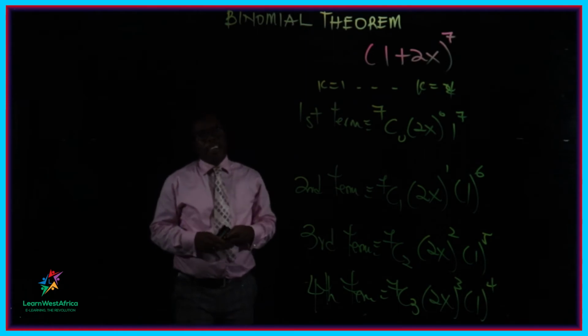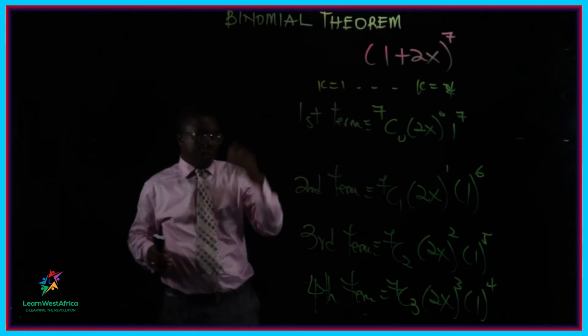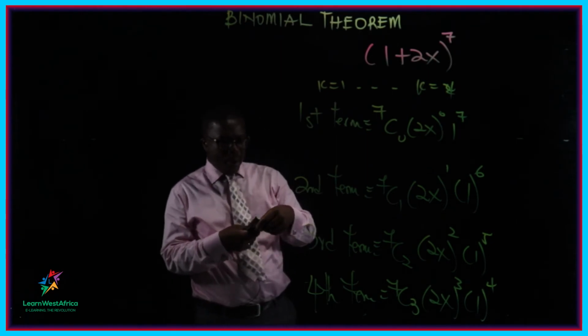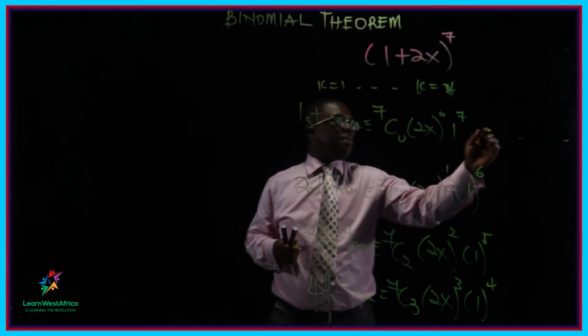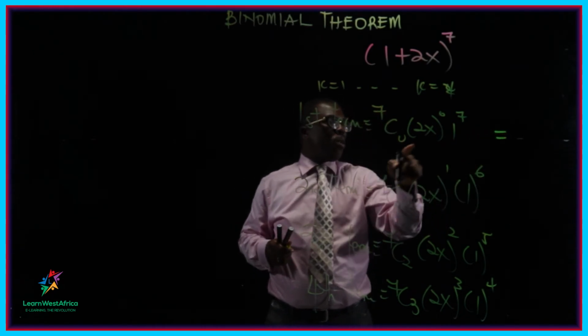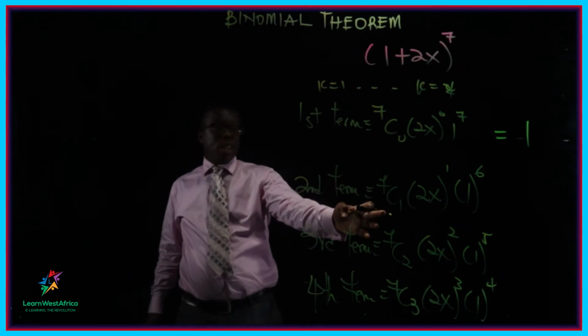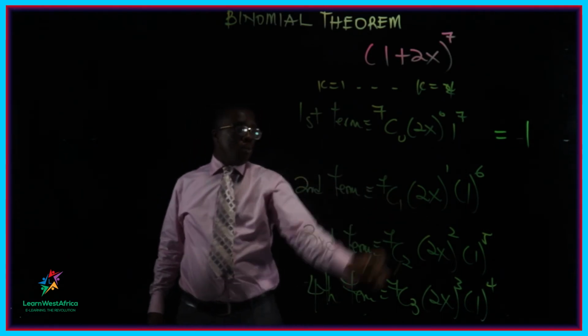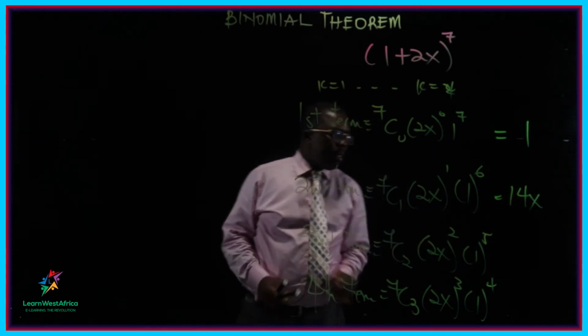Hope you're okay. All right, since we know from our combination theory, our first term is going to give us 7 choose 0, that's going to give us 1. Our second term, 7 choose 1 is 7, times 2, that's going to give you 14x.